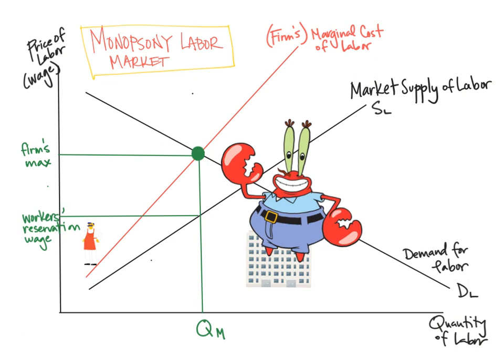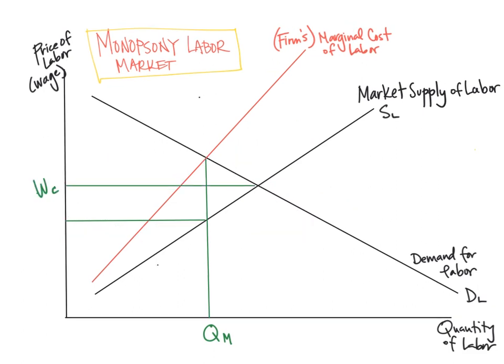So we don't know exactly where the wage is going to be, but we expect that it will be somewhere probably not this high, probably something lower than that. But it depends on the bargaining power of the workers versus the firms. So let's bring back the competitive outcome.